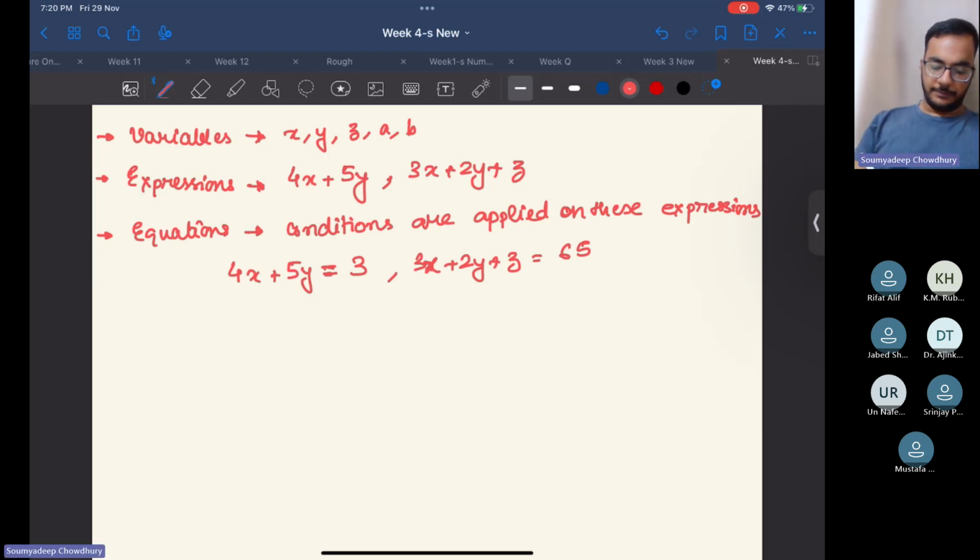Now, these expressions or functions, there can be different kinds of functions. What are the different kinds of functions you can think of? One is the polynomial or the algebraic functions.